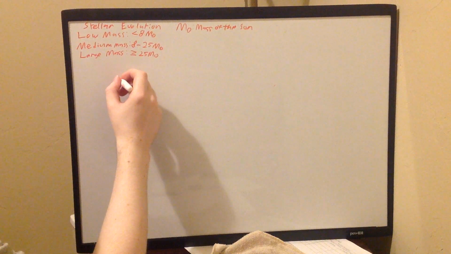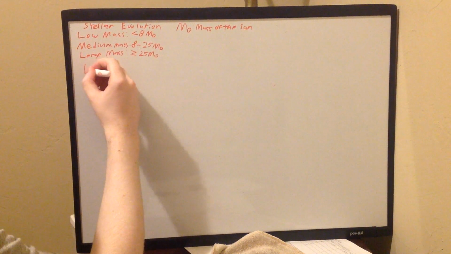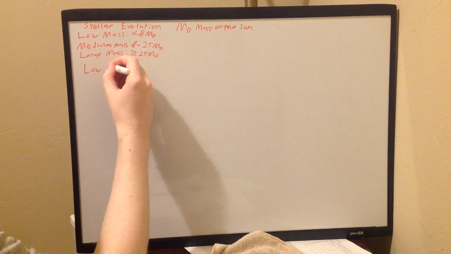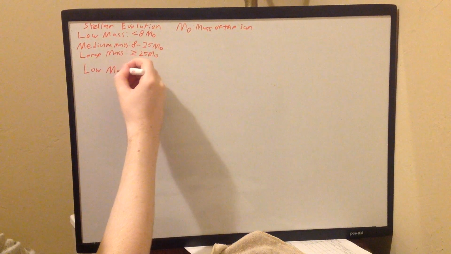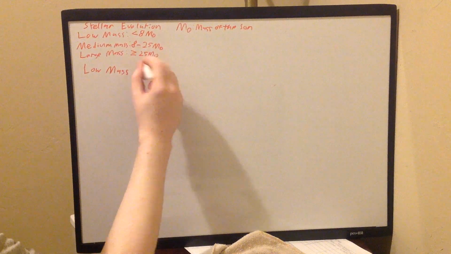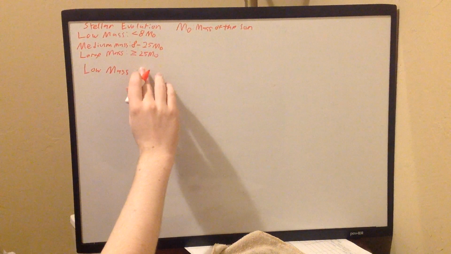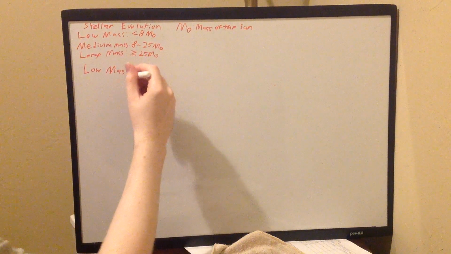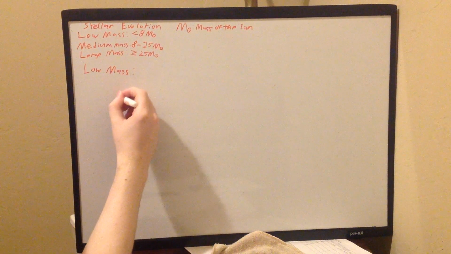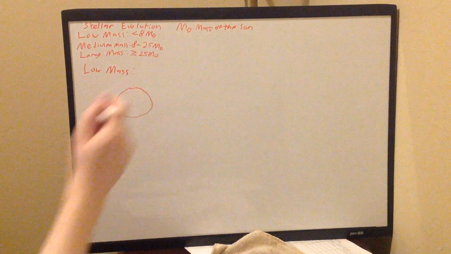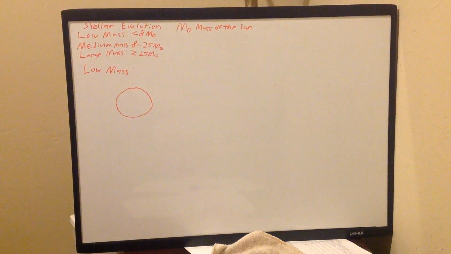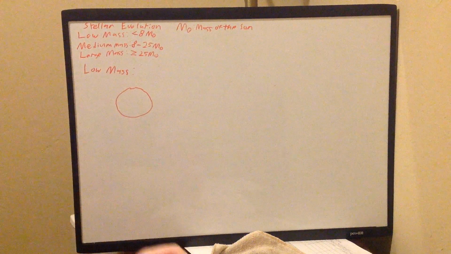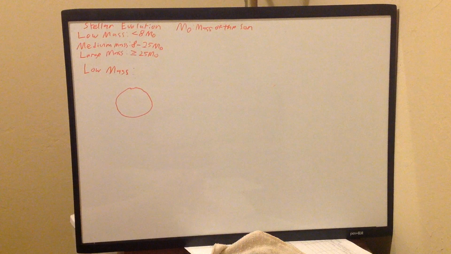I'm going to draw, and this is part of a broader explanation of what happens to low-mass stars when they leave the main sequence, a little cross-section of the core of a star which has just left the main sequence. See, the insides of the core no longer have enough hydrogen to burn, really.